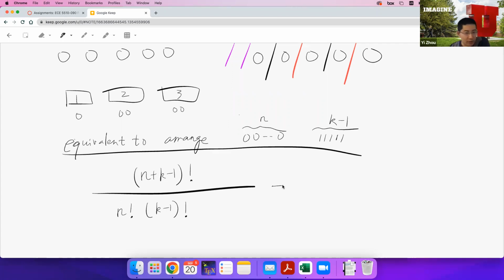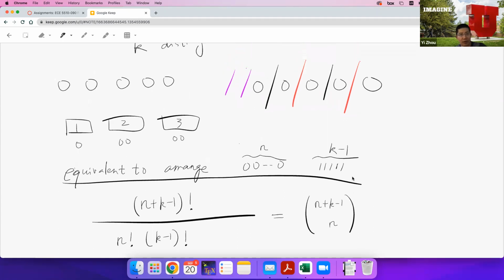And this is exactly choosing n out of n plus k minus 1. So it turns out this problem has a very simple result. So we just need to choose n out of n plus k minus 1.